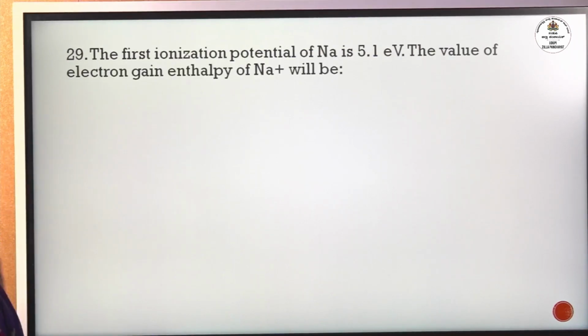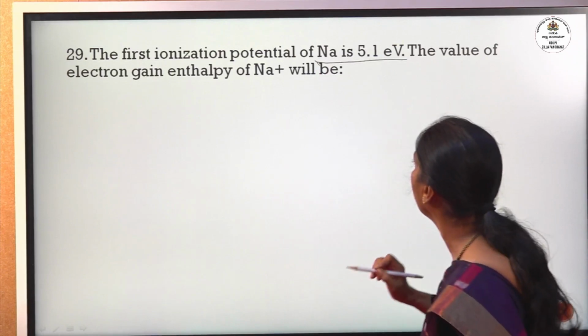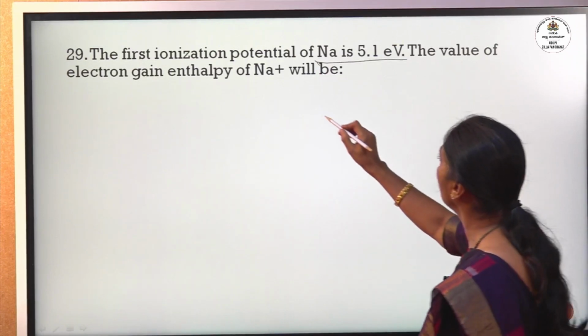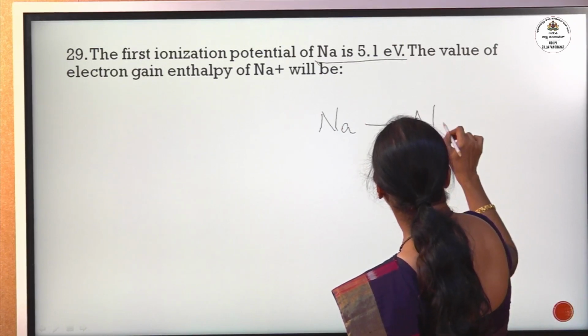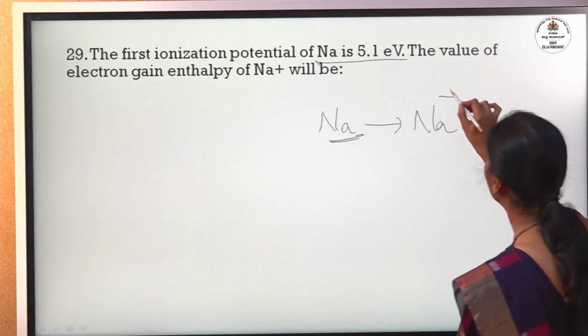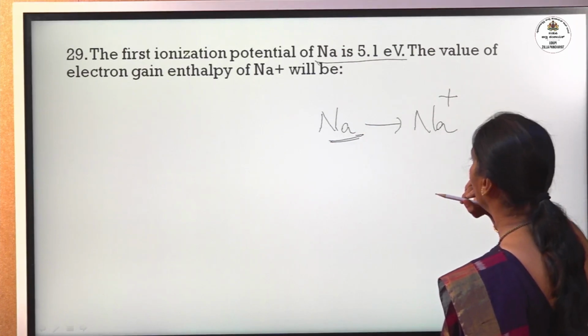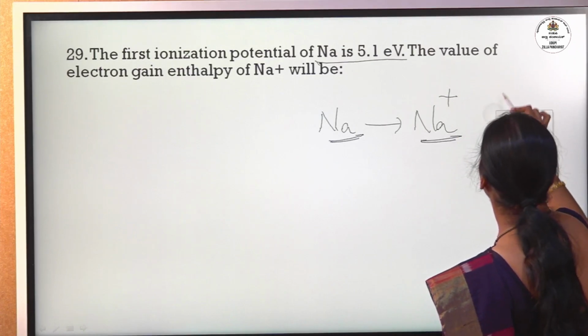Next question: the first ionization potential of sodium is 5.1 electron volt. First ionization potential means from a sodium atom we are removing one outermost electron, so that we get Na plus ion, and the ionization potential for this is 5.1 electron volt.